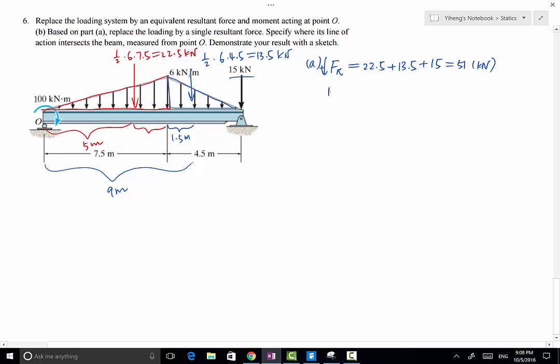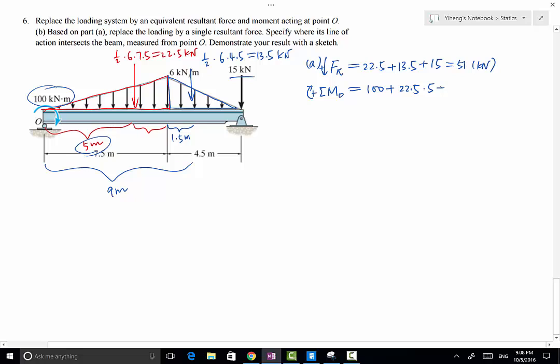Resultant moment about point O. Again, we're going to say clockwise is positive because in this case, actually everything is creating clockwise rotation about point O. So don't forget we have a free couple moment here, and that is also clockwise, positive 100 kilonewton meter. And then the 22.5 kilonewton force has a moment arm of 5 meter multiplied by 5.